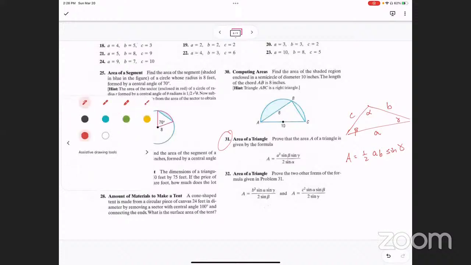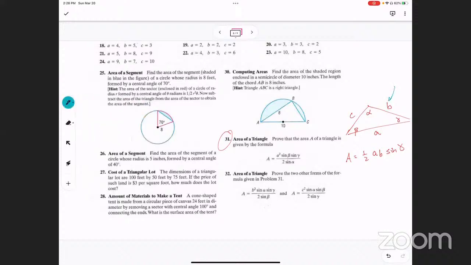All right, this is probably what we're going to have to do. We're going to have to rewrite these. It's kind of hard to figure out how to rewrite them.